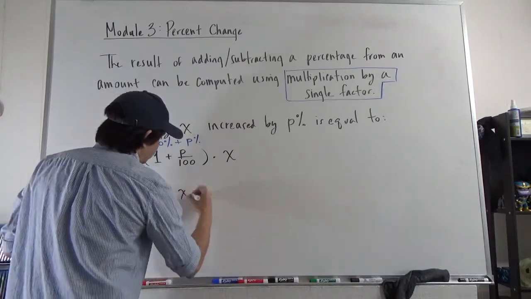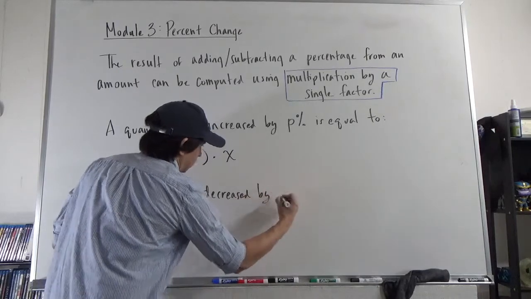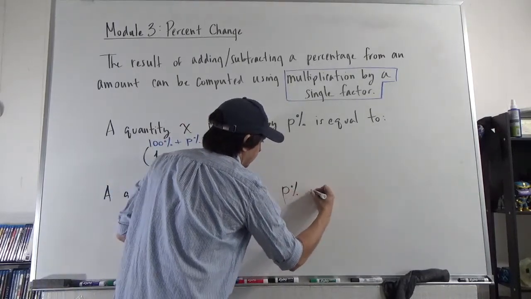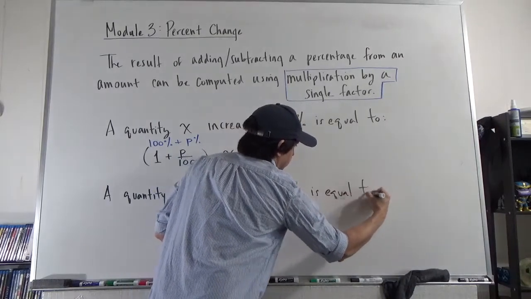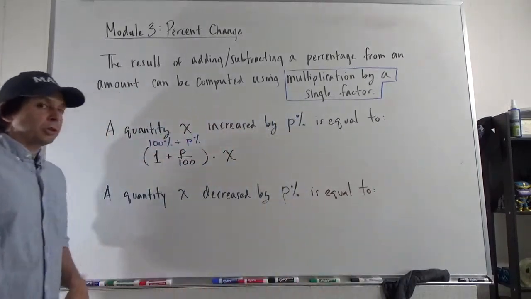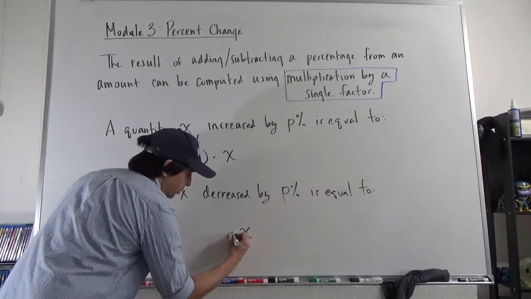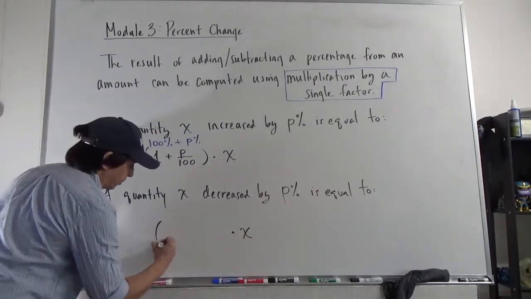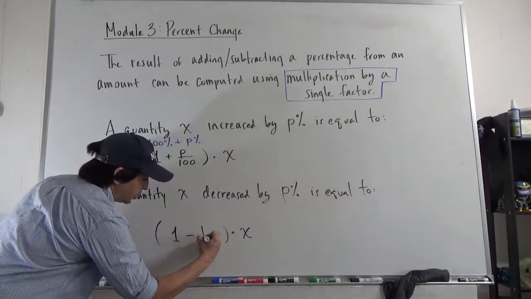A quantity X decreased by P% is equal to an expression that's very similar. We're going to have X there. We're going to multiply X by a single factor. And that factor is going to be 1 minus P over 100.